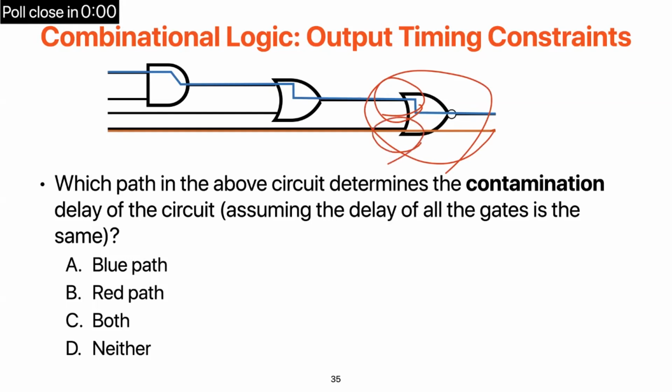So will the output change when the red input changes? Yes. Well, the output changes when the blue changes. Yes. Which one is happening faster? The red one. So if right now we change both the input of blue and the red at the same time, which one would make the output change? Oh, that makes sense.